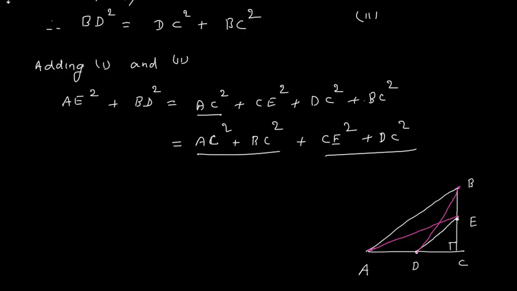So I have just rearranged these terms. Okay, now this AC square plus BC square is your AB square, and then this DC square plus CE square is your DE square. This is converse of Pythagoras theorem.